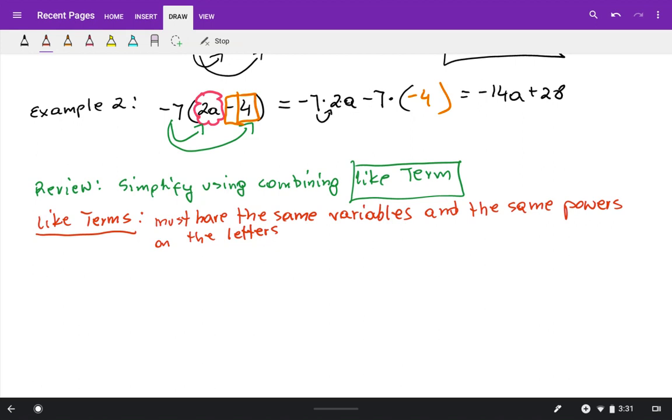Okay, so we're going to combine like terms by adding or subtracting coefficients.